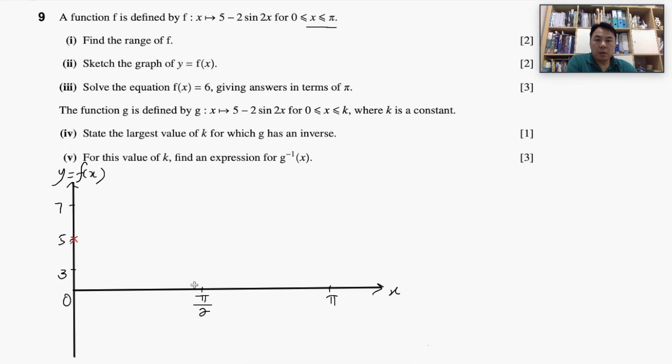So when x is equal to pi over 2, sorry, that is not. Just let me correct that. So when x equal to pi over 2, that is also a 5. Oh, now life becomes very interesting. And then when it's pi, that is also a 5.